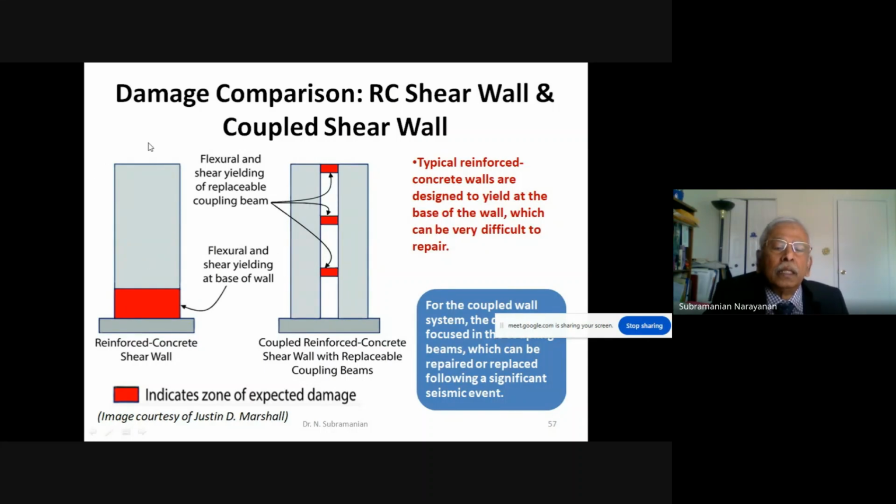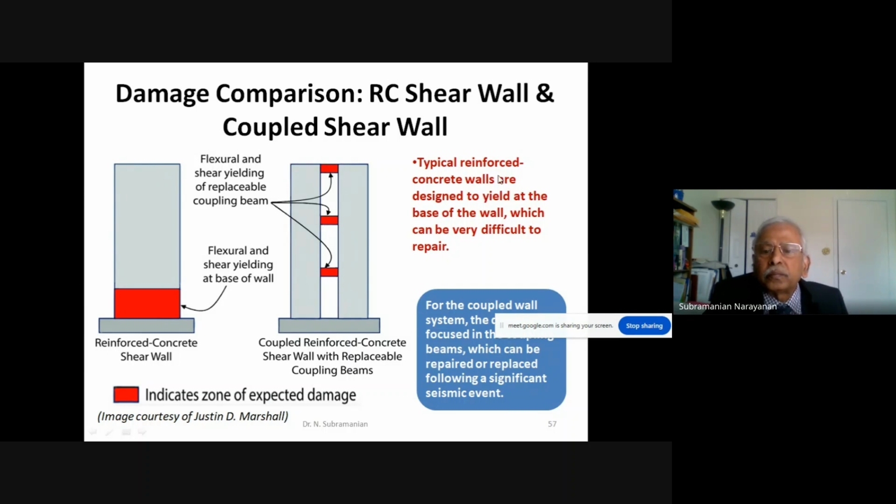This is an example. The damage comparison between RC shear wall and coupled shear wall. When you have a shear wall, the failure will be here, flexural and shear yielding at the base of the wall. Whereas in a coupled shear wall, the damage will be in the coupling beams.